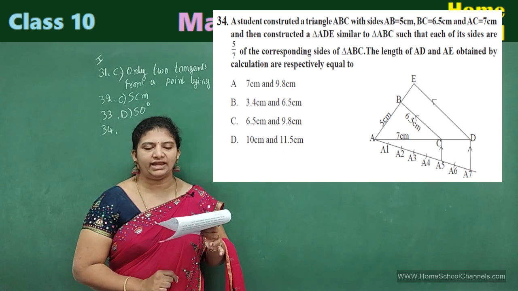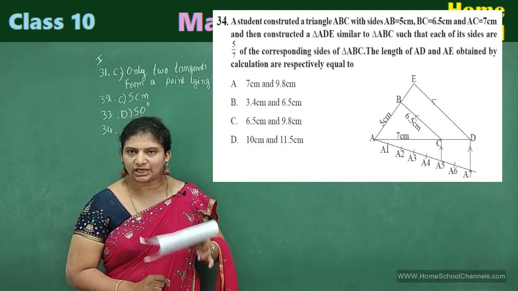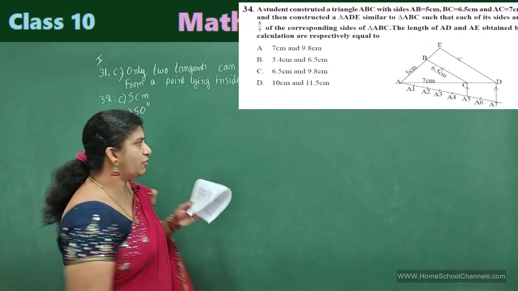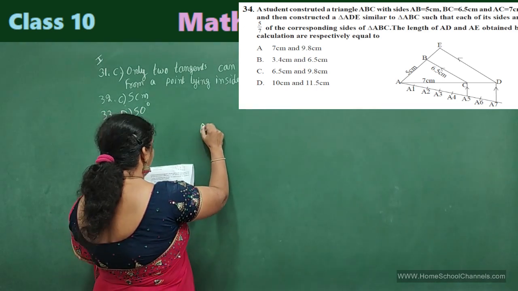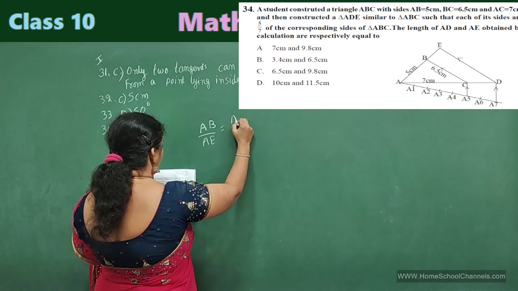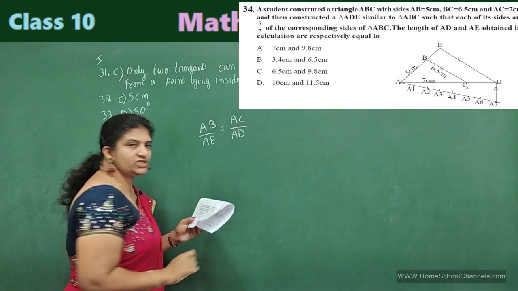The lengths of AD and AE obtained by calculation are respectively equal to. See the figure carefully and write the corresponding ratios. AB by AE is equal to AC by AD. I want only these two ratios.